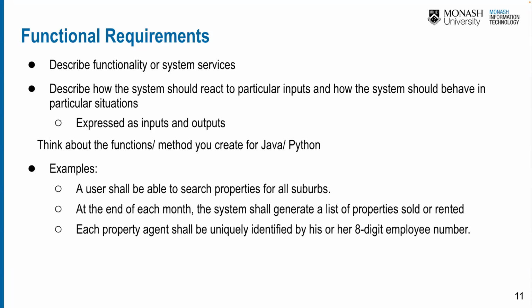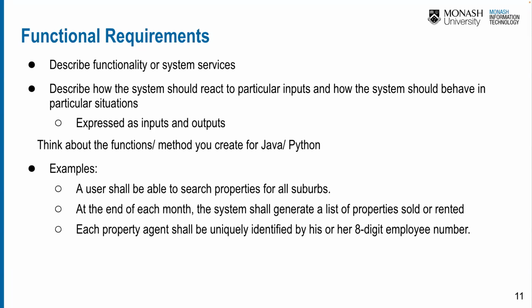Okay, and an example here, a user shall be able to search properties for all suburb. Think about the domain application, the real estate app, or Homely, that kind of thing. Yeah, that's a property searching application. At the end of each month, the system shall generate a list of properties sold or rented.